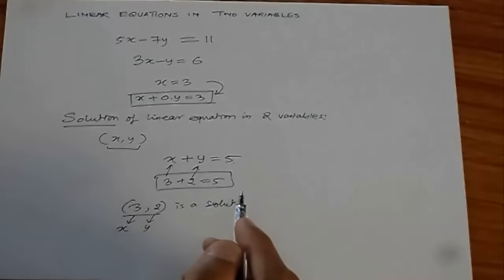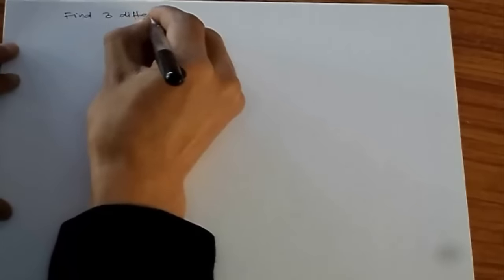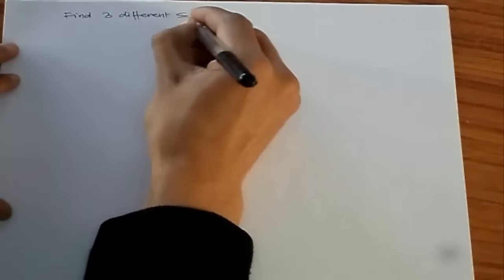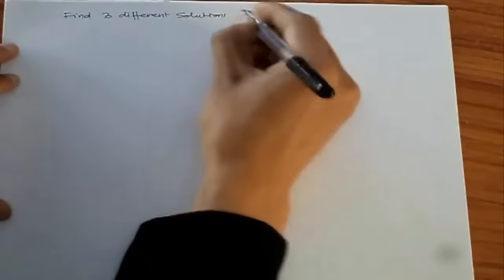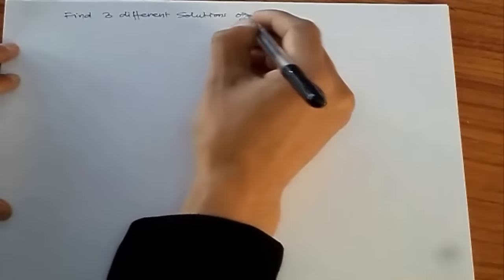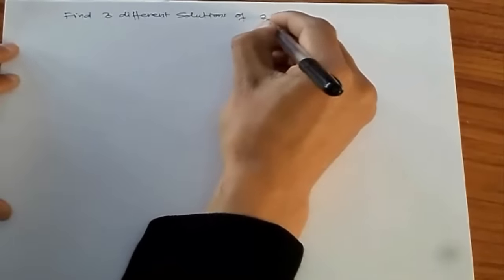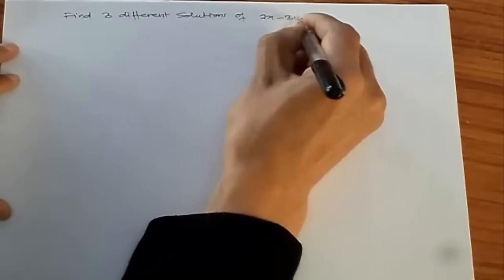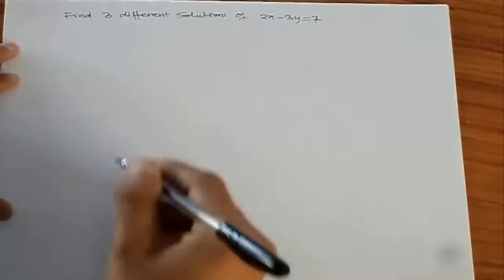Now next we are going to find solutions of a linear equation in two variables. Let's say: find three different solutions of 2x minus 3y equals 7.